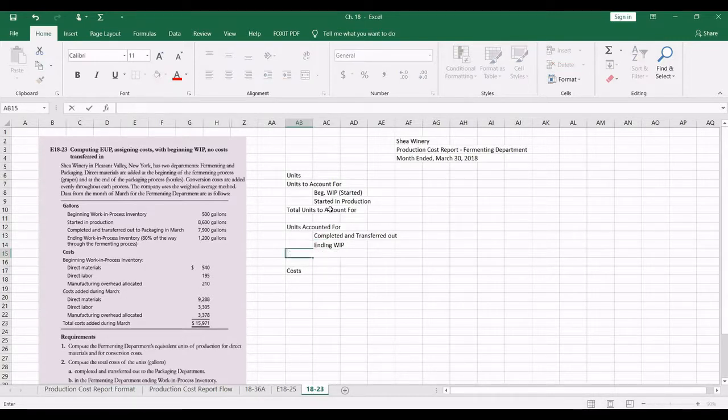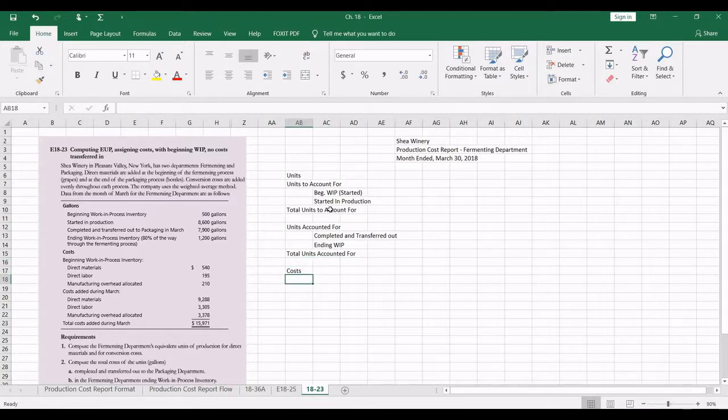Okay. So we'll do total, just like we did for the other subheading. Total units accounted for. Okay. And we'll go down to the costs.